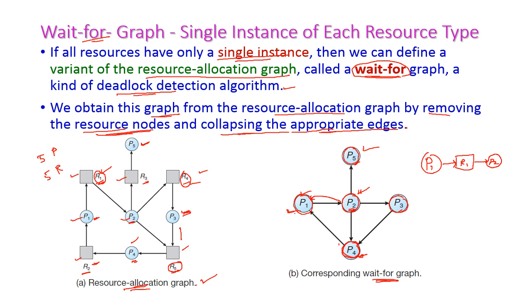If P2 completes, only then will P2 release this resource, and it will be allocated to P1. If it is not completed, the indirect meaning is that P1 is highly dependent on P2. Only if P2 completes will P1 start its execution. So this is the wait for graph: simply removing the resources and connecting the edges.